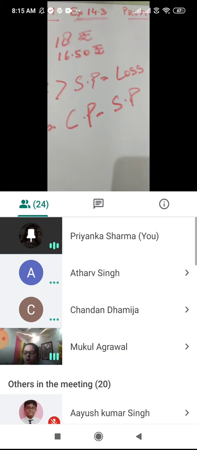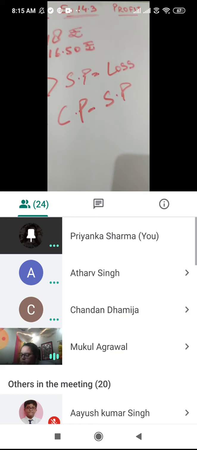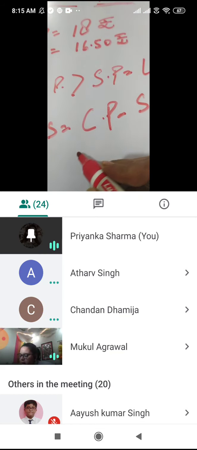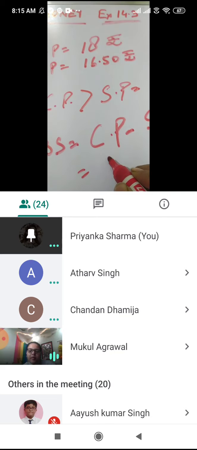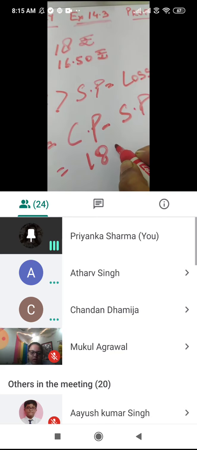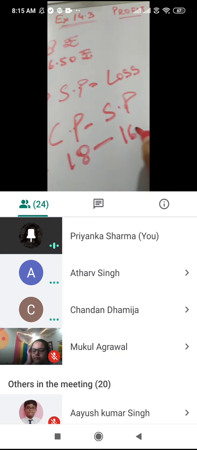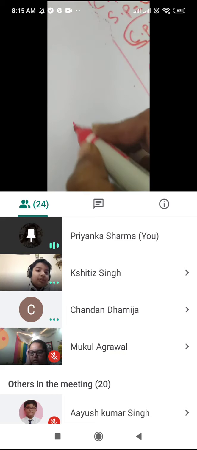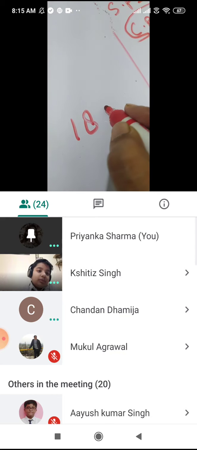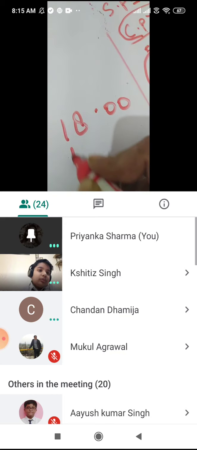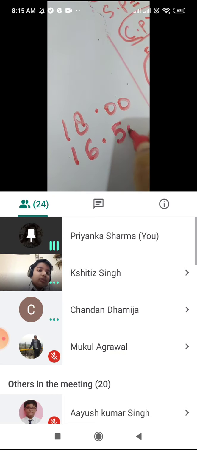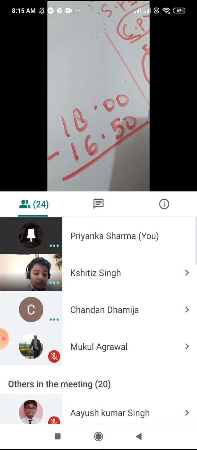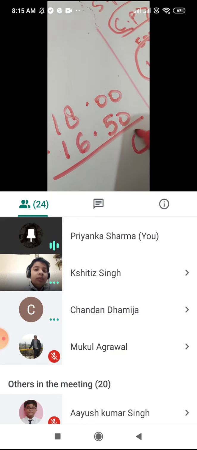Formula of loss is cost price minus selling price. How much is the cost price given? 18. How much is the selling price given? 16.5. So 18.00 minus 16.50. 0 minus 0, 0.